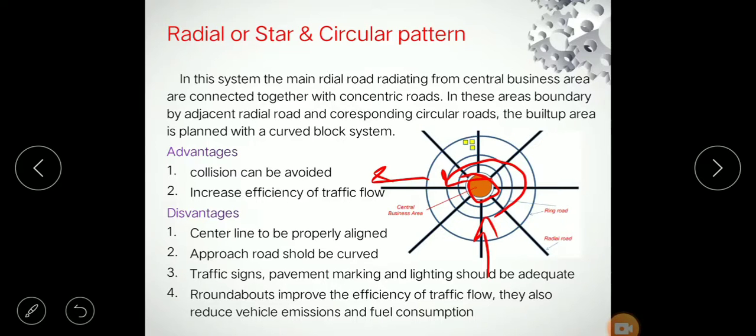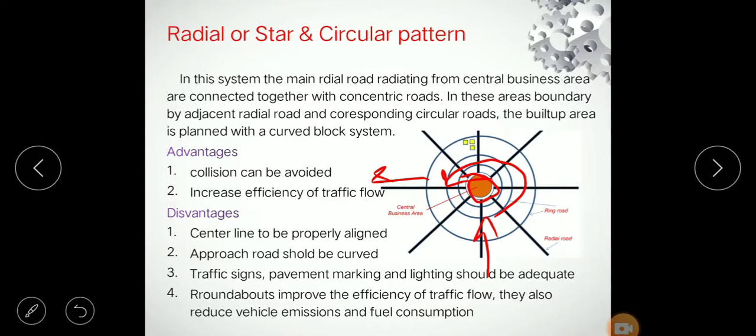The island separating the approach and exit lane, known as the splitter island, should extend far enough to provide pedestrian refuge and to delineate the roundabout. Traffic signs, pavement marking and lighting should be adequate so that drivers are aware that they are approaching a roundabout and that they should reduce their traveling speed.